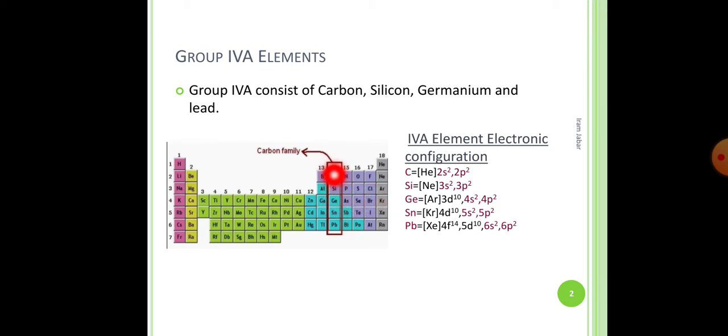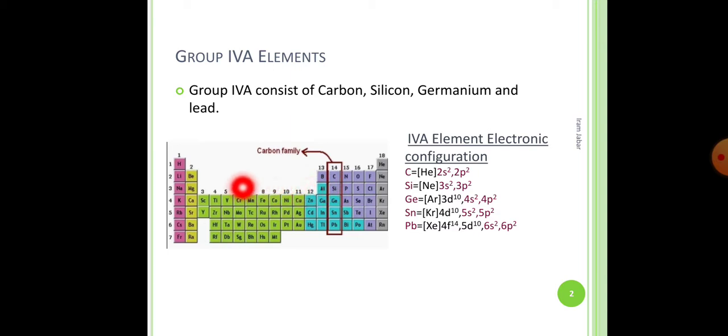For this purpose, we will discuss about electronic configuration of Group 4A elements. From periodic table, we can easily understand the electronic configuration of an element. From the period number of an element, we come to know about the valence shell.